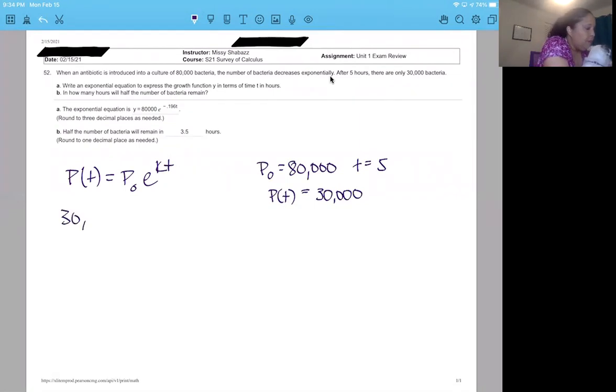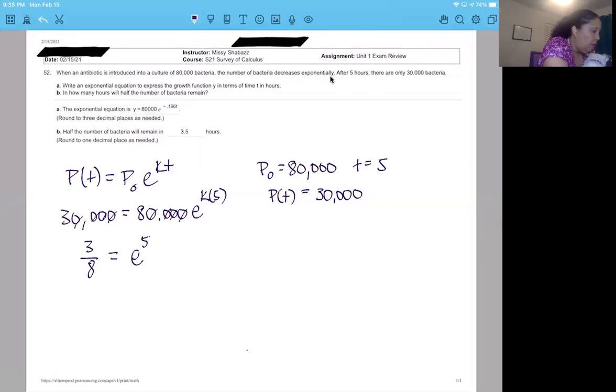So what I can do with this information is solve for k, and that will give me my expression. So 30,000 equals 80,000 e to the kt, k times 5. I'm going to divide by 80,000. So I get 3/8 equals e to the 5k.